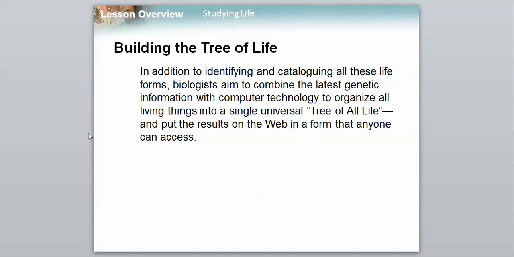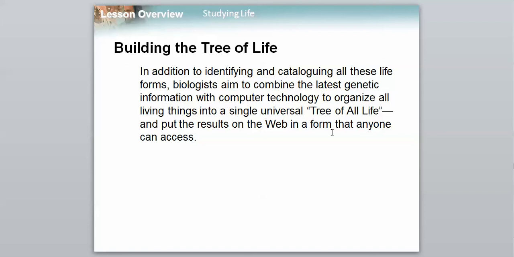And in addition to identifying and cataloging all these life forms, which is a big goal, biologists aim to combine the latest genetic information with computer technology to organize all living things into a single universal tree of all life and put the results on the web in a form that anyone can access.